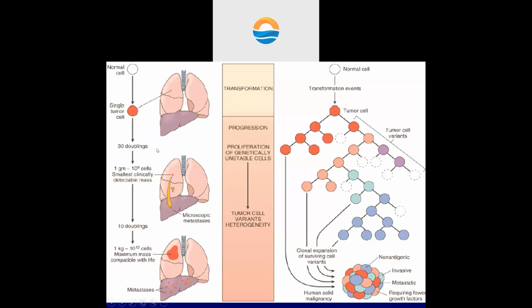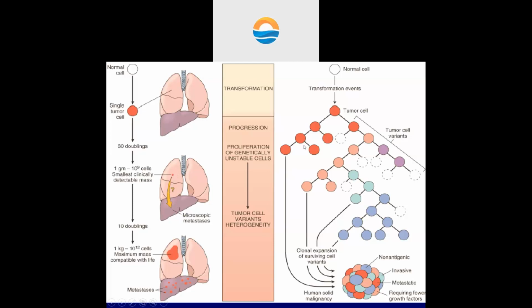So 30 doublings, and we have 1 gram of the tumor. And here, this is the smallest clinically detectable mass of the tumor. But also, it can cause microscopic metastasis.